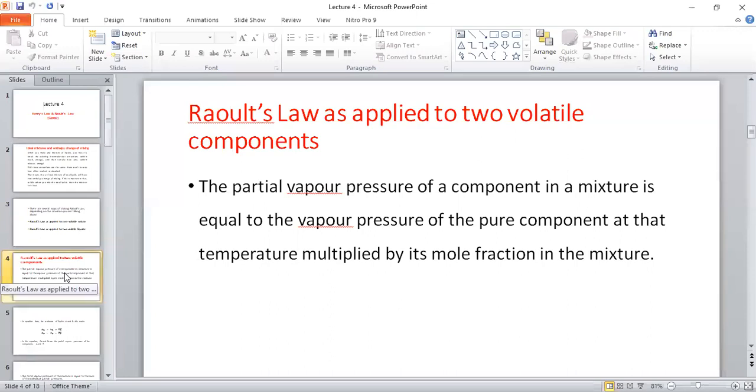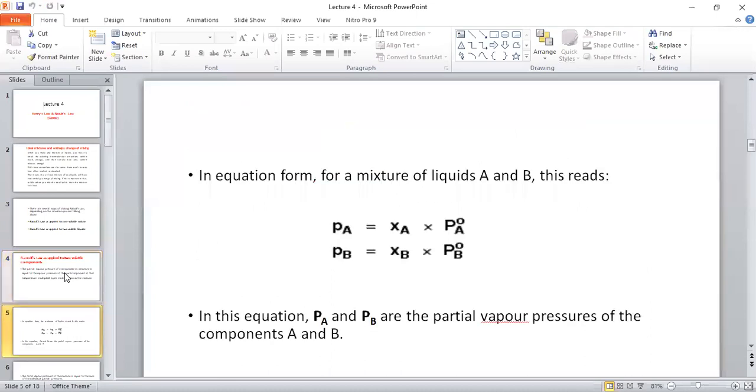Okay, so let's take Raoult's law again as applied to two volatile components. It says that the partial vapor pressure of a component in a mixture is equal to the vapor pressure of the pure component at that temperature multiplied by its mole fraction in the mixture. So let's see what this means. Look at this equation.